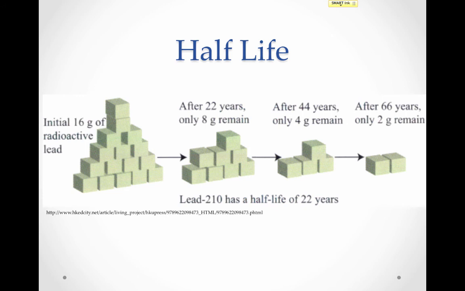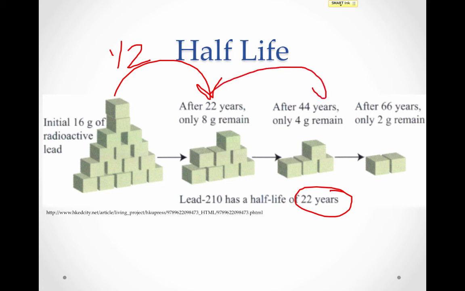Here's a visual representation of half-life. Imagine I start with 16 grams of radioactive lead. Each gram here is represented by a cube. The half-life of radioactive lead, lead-210, is 22 years. So after 22 years, half of that sample will remain undecayed.